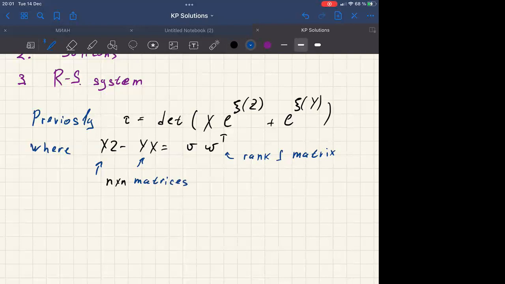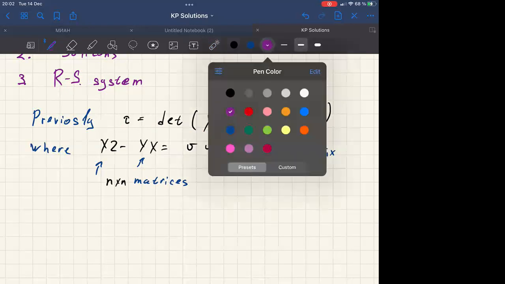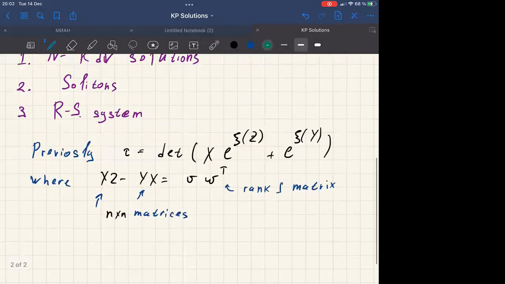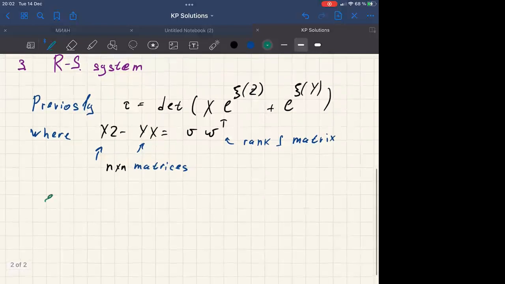And we will show that our function, which is given by this formula, is a solution of the whole hierarchy, and let me once again remind you that psi of x is the same.